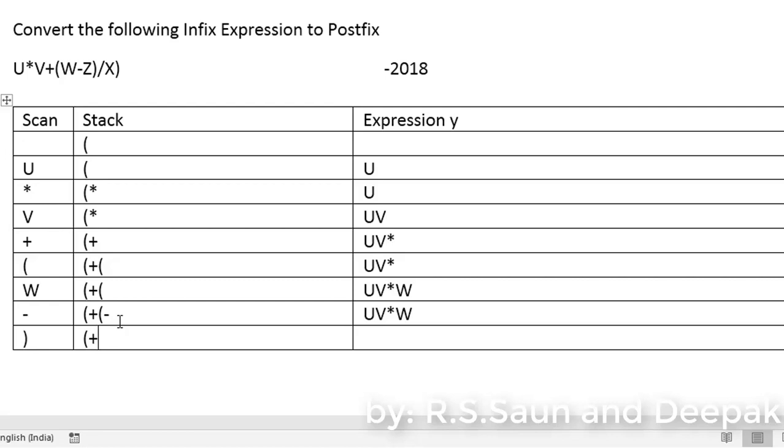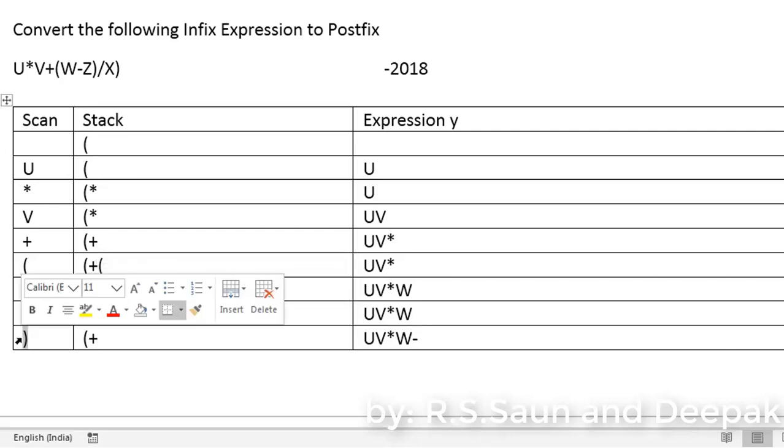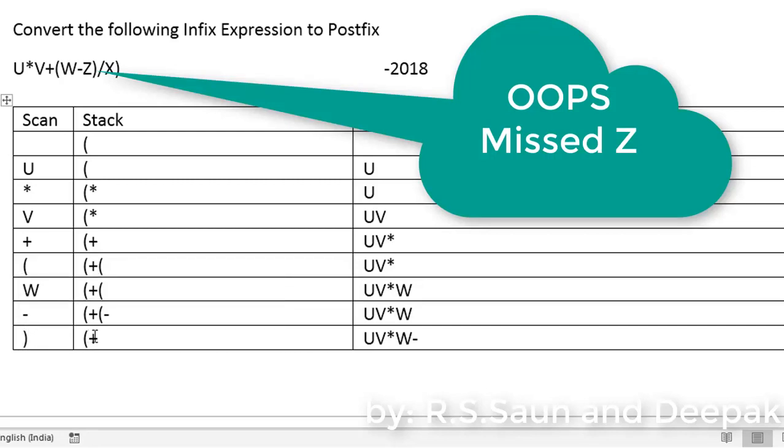So you have to pop minus and push it to the expression, so your expression becomes this, and there is no more element before the left parenthesis, and then you have to remove this left parenthesis. So your stack status is this and your expression is this after scanning the right parenthesis.